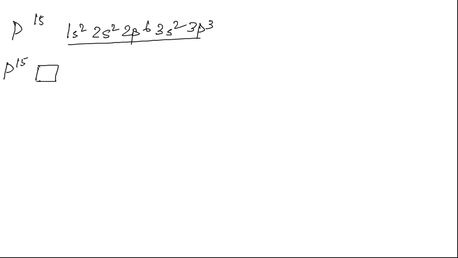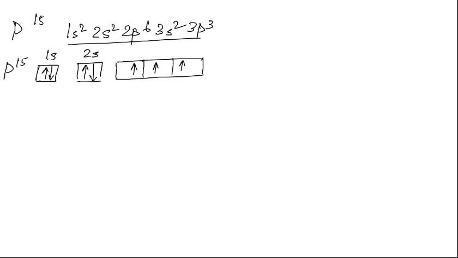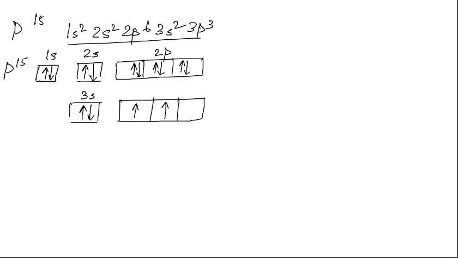You have a 1s, then a 2s, then the 2p, next the 3s, then the 3p, and lastly the vacant 3d of the same level.